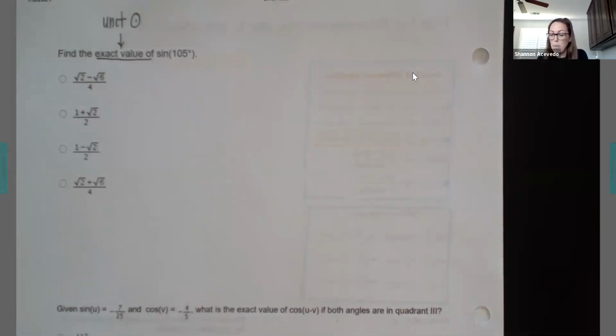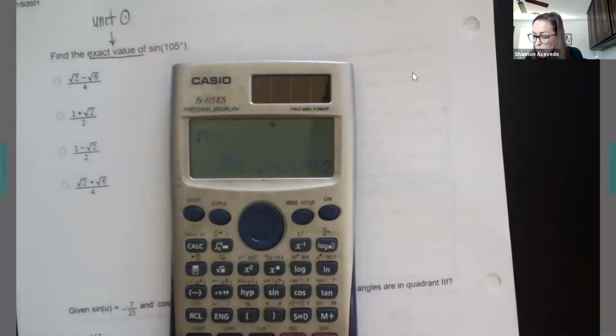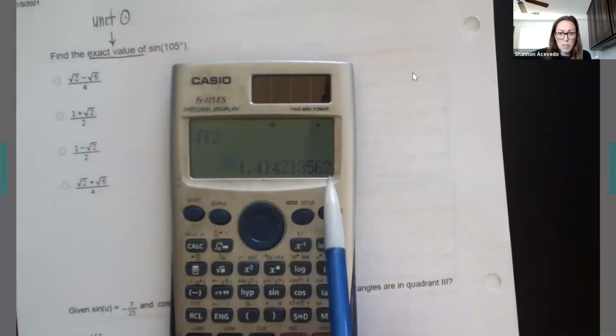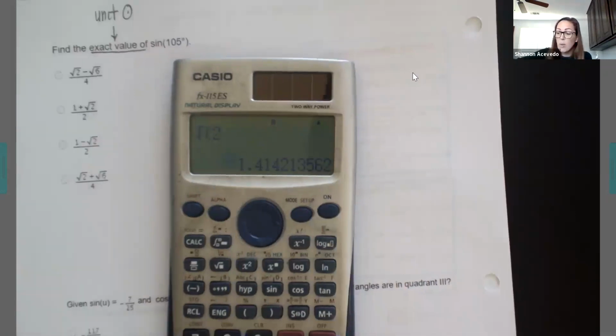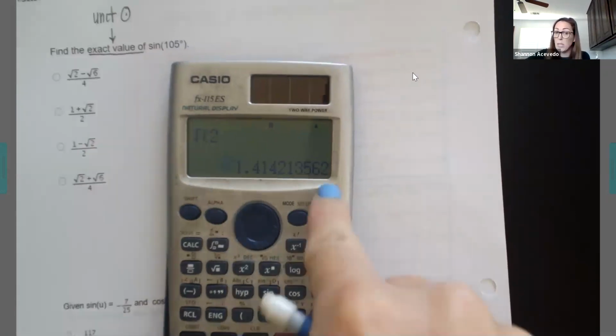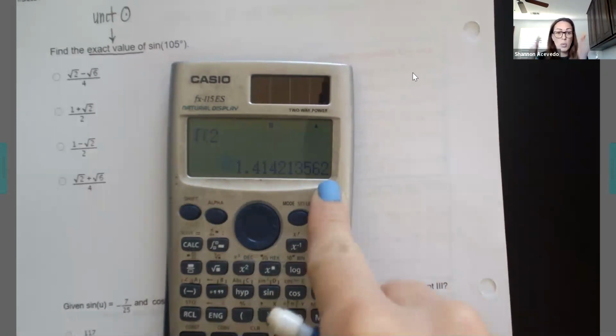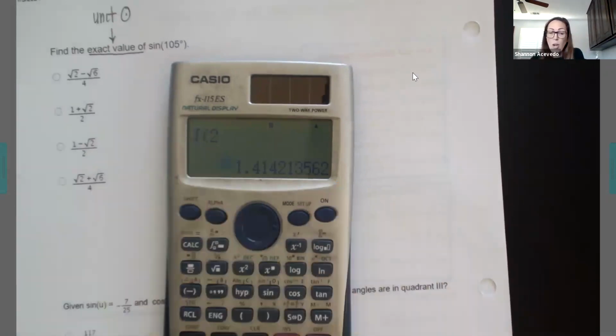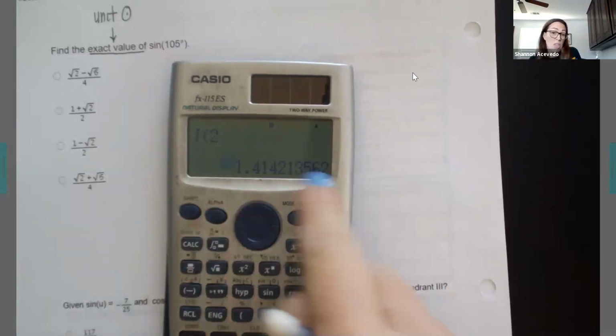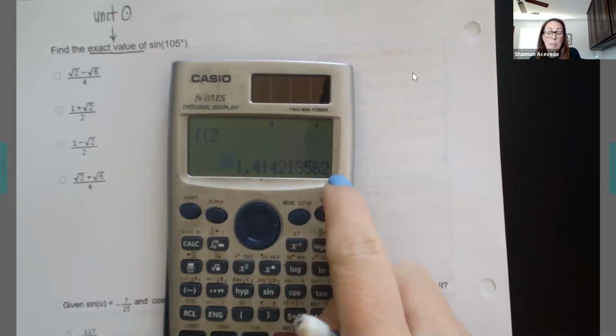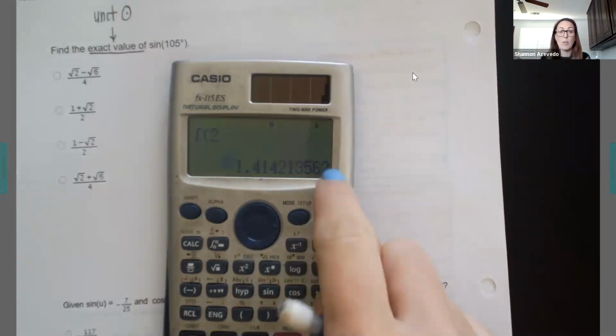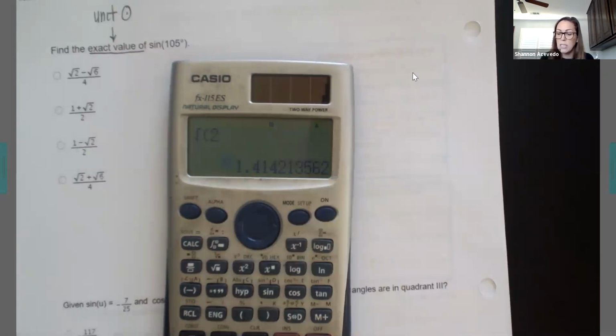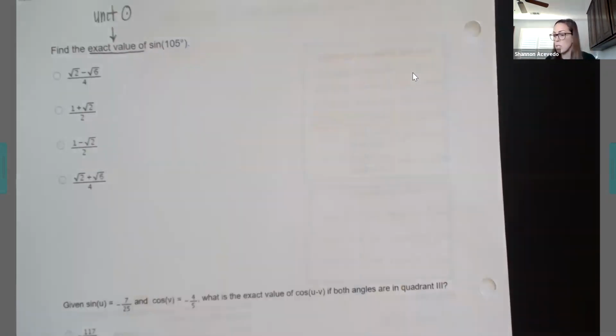If I put in square root of 2, it gives me a value and it stops at some point, but it really continues forever, right? So this is a rounded value. It is not exact. Square root of 2 is the exact number. Although we have all these decimals and we think it's more accurate, it's not, because it's rounded and that number goes on forever. So exact values are going to be values from a unit circle.